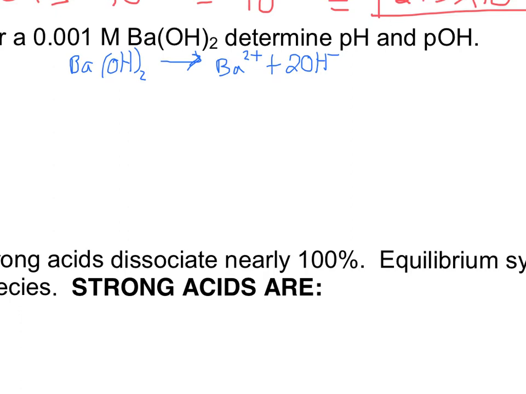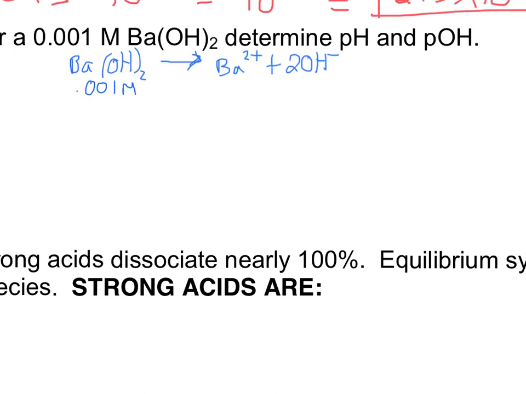For example, in this one, for every barium hydroxide, you have 2 OH minuses. So that means that if you have 0.001 molar of the barium hydroxide, you'd actually get 0.002 molar hydroxide ion.